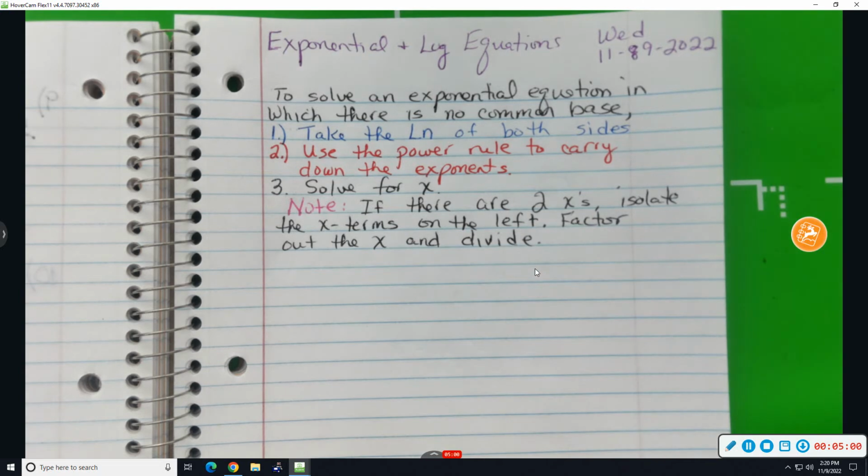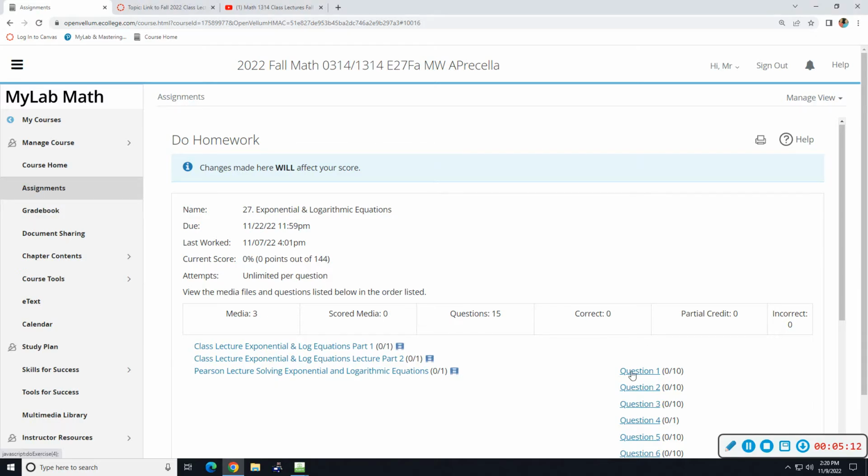It sounds worse than it really is. Okay? So we're going to solve exponential equations where there's no common base. Starting with problem number 1.